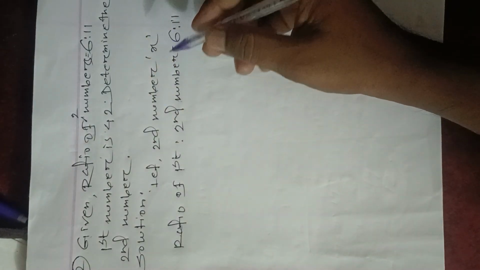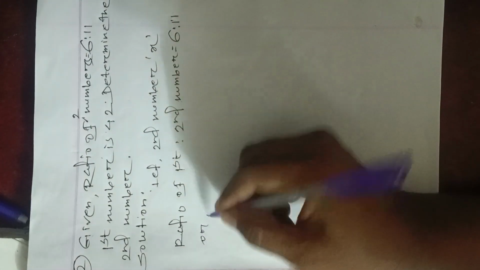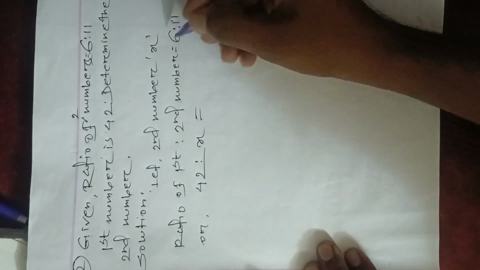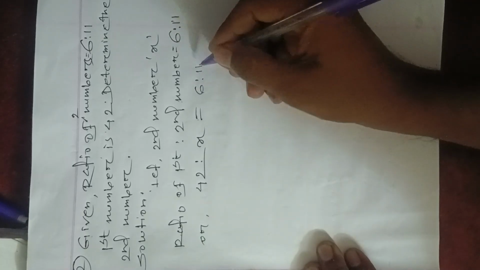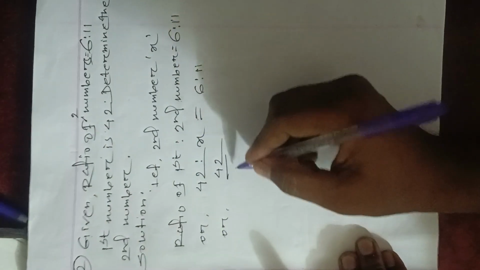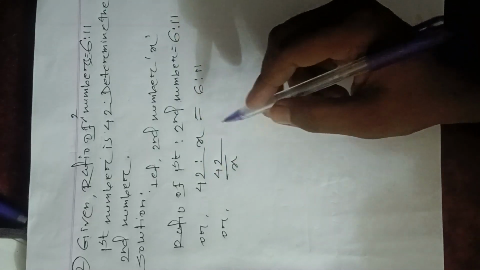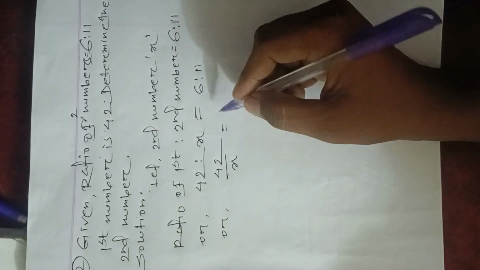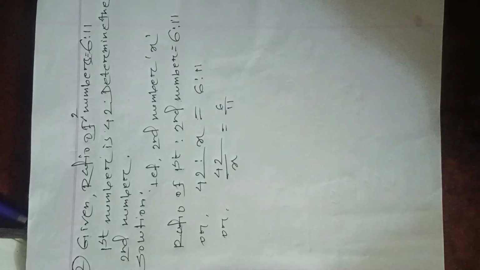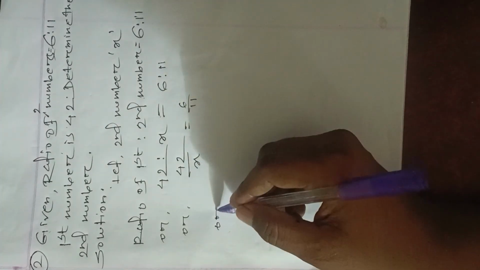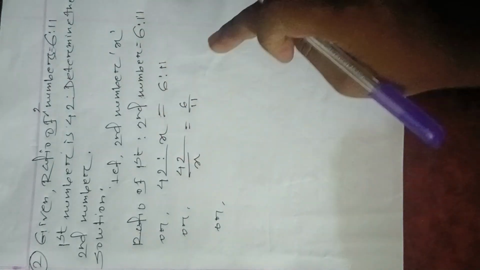Here first number is 42 and second number we let x, so 42 is to x equal to 6 is to 11. In the ratio the antecedent always will be numerator and subsequent will be denominator. So here it will be 42 by x equal to 6 by 11. Now if we cross multiply, from which side we should cross multiply?